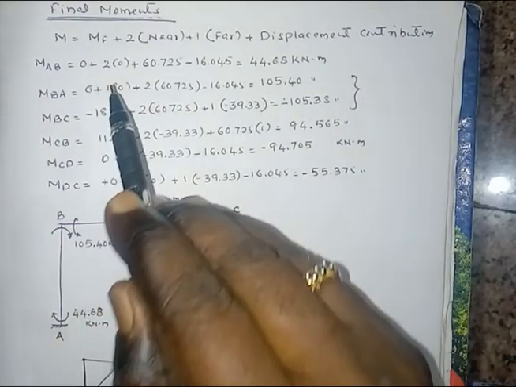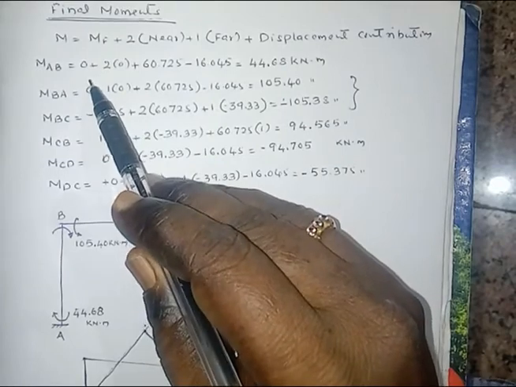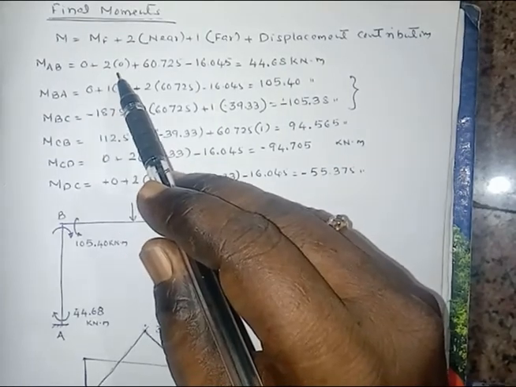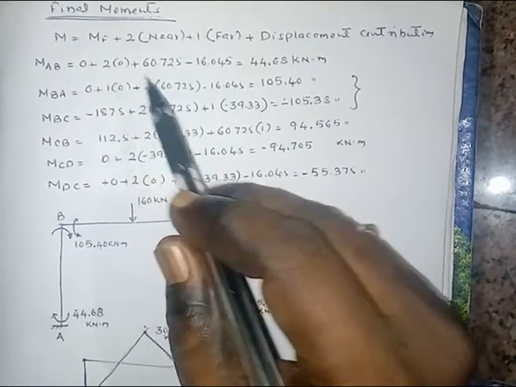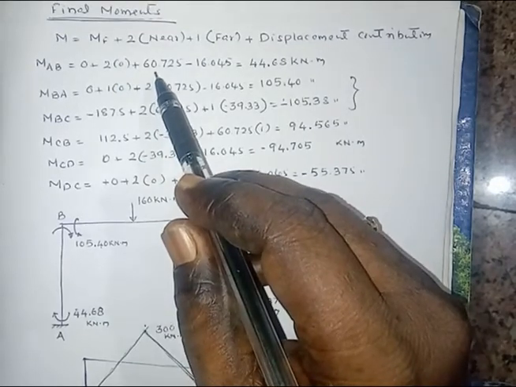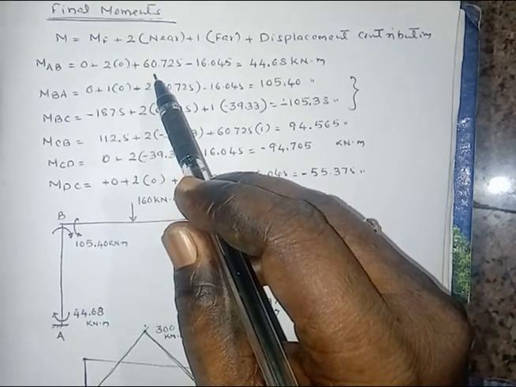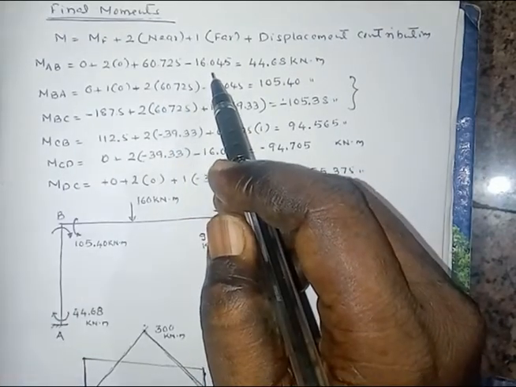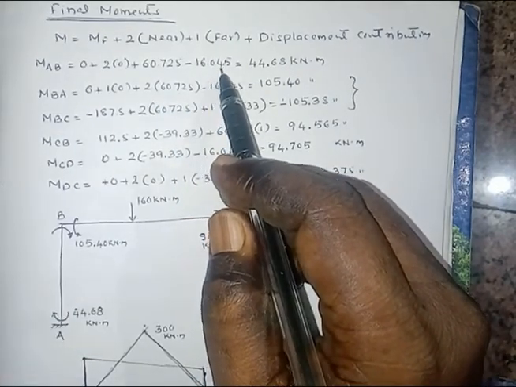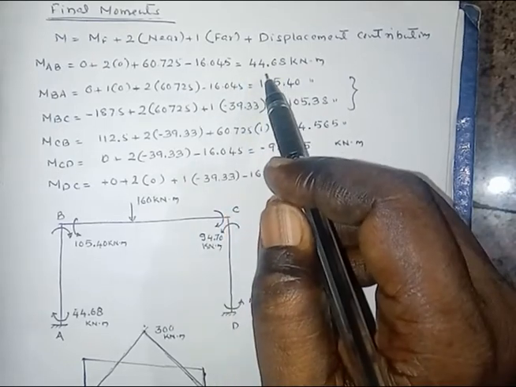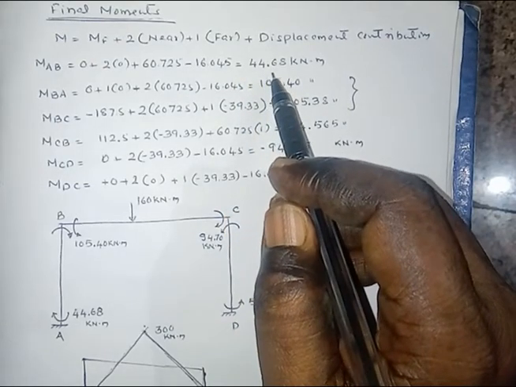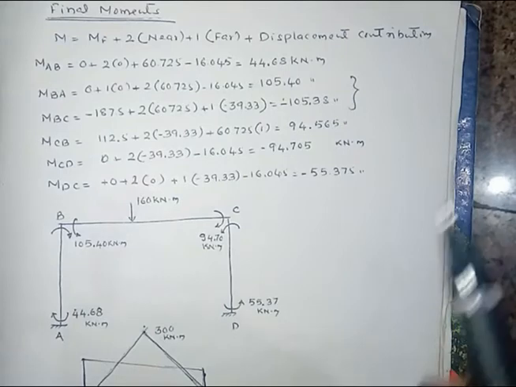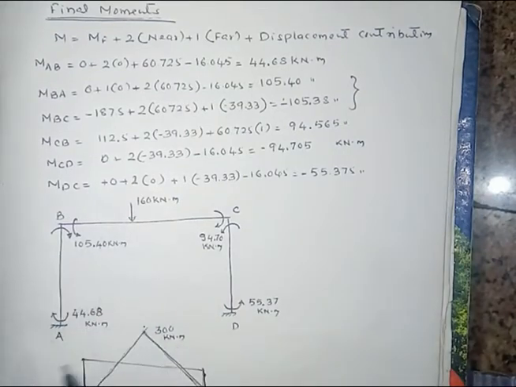Here MAB equals: the fixed end moment is 0, the near end contribution is 2 times 0, plus the far end contribution is 1 times 60.725, minus the displacement contribution 16.045. By simplification, you will get 44.68 kilonewton meter, that is clockwise.